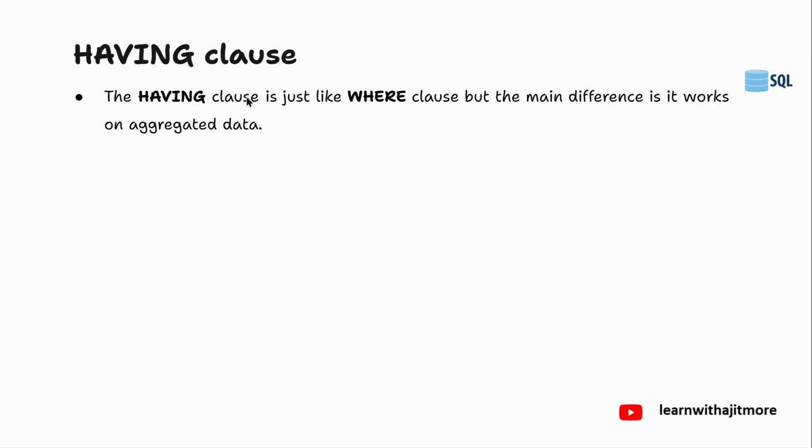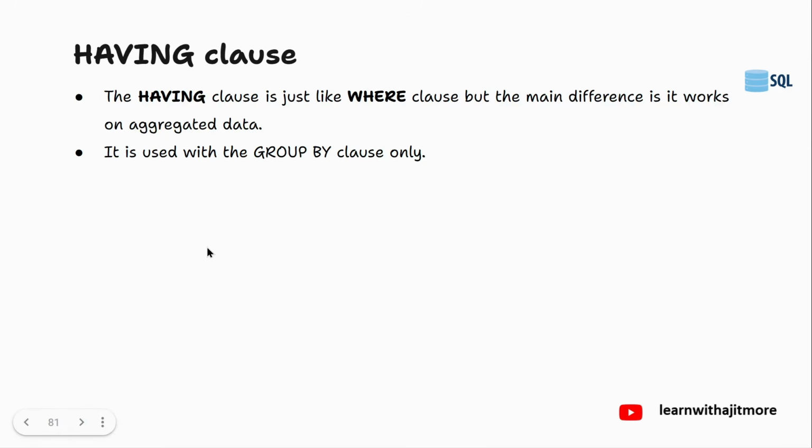Okay. So the having clause is just like where clause, but the main difference is that it works on aggregated data. Having works on the aggregated data, and where clause works on individual rows. It is to be used along with group by: first you do group by, and on the result of group by you apply having.